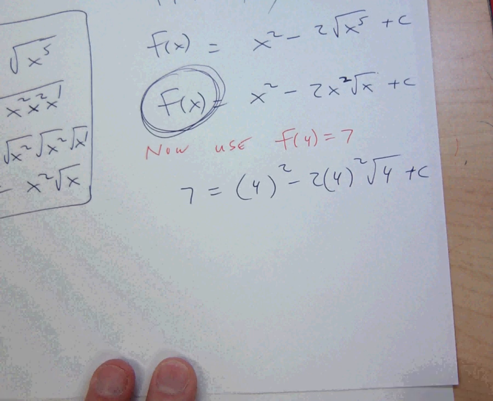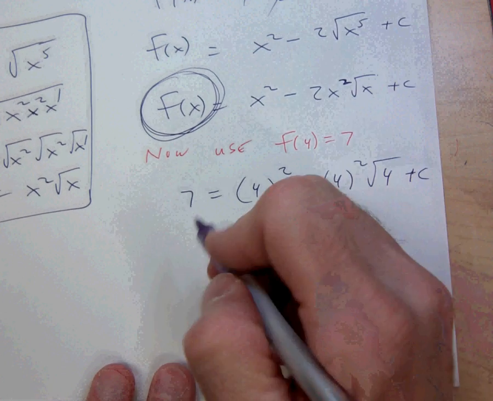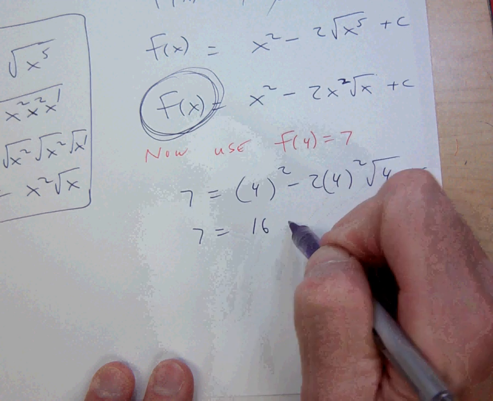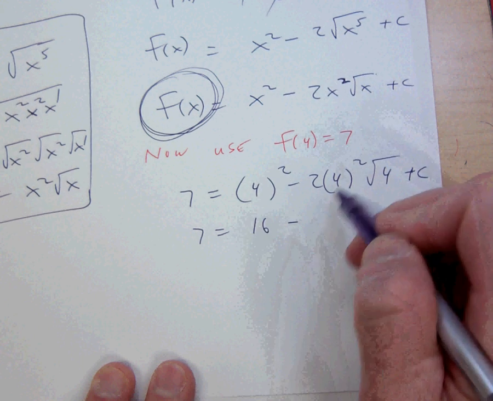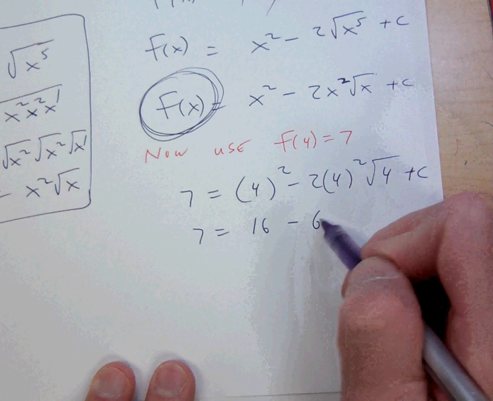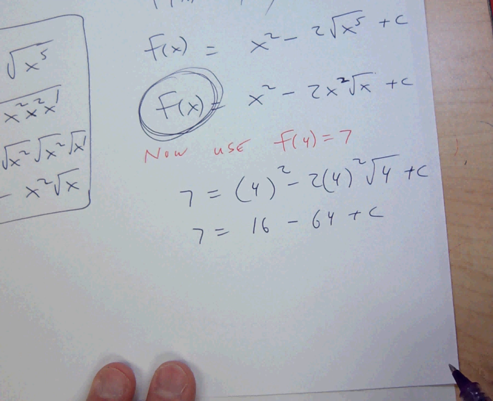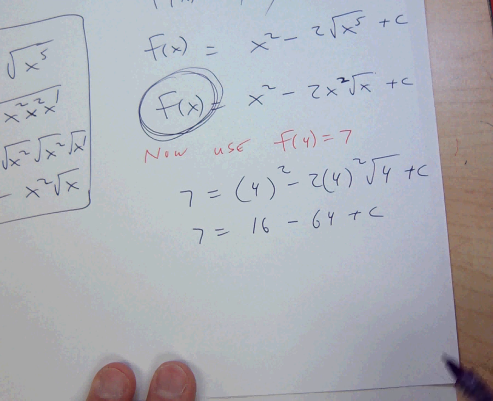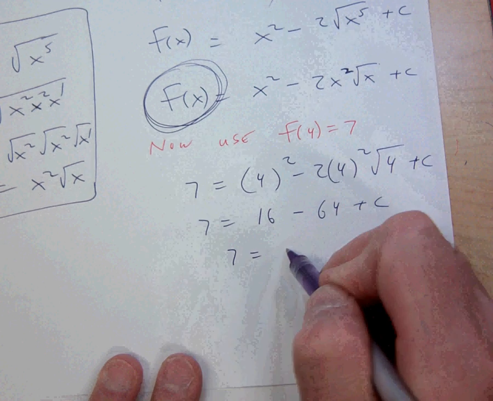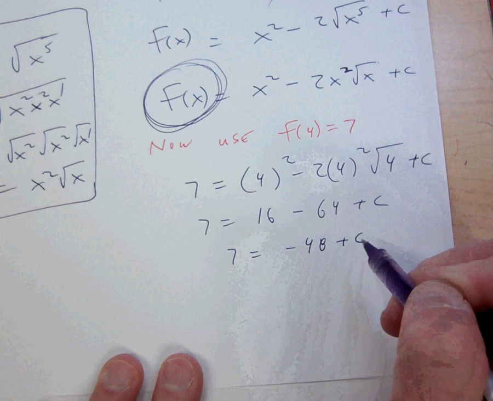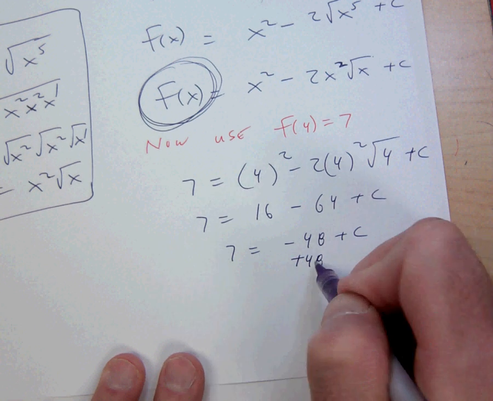Okay? All right, so just simplifying this. What's this? 32 times 2, is that 64? Is that right? Yeah, that's right. And so then this is negative 48. And then when you add 48 to both sides, you get what? 55.